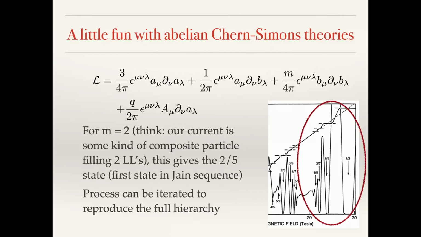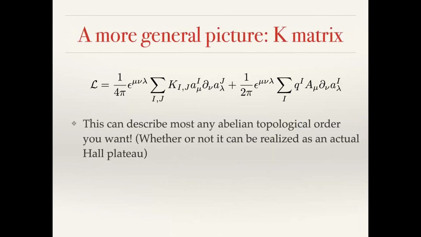And then you can play the game again to get other plateaus in this sequence, and reproduce the phenomenology of the quantum Hall states that Jainendra Jain explained using this composite fermion picture, for example.